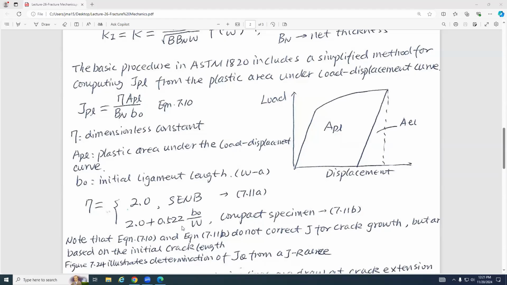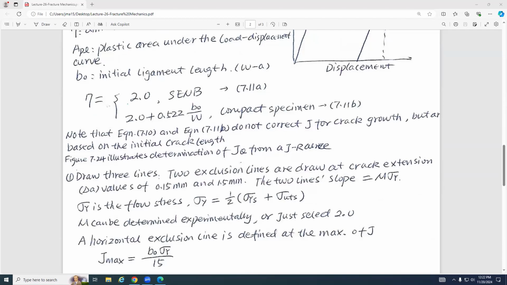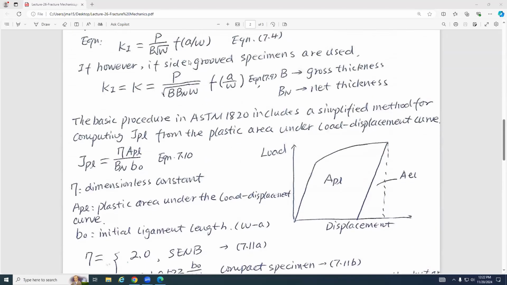So there is an observation. The observation says that equation 10 and equation 11 do not correct the J for crack growth, but are based on the initial crack length. So you should know that.